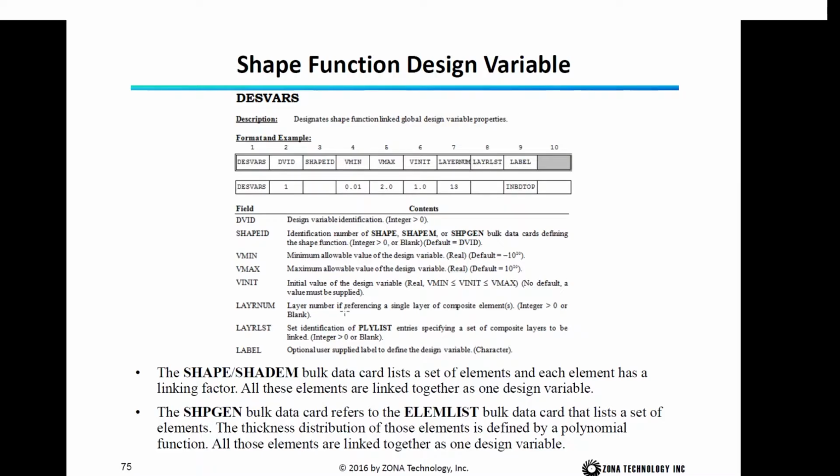Layer number refers to a single layer, and the layer list refers to the ID of a PLYLIST. In the ply list, you can list out a set of layer indices. So if you use a layer list, then you cannot use layer number.